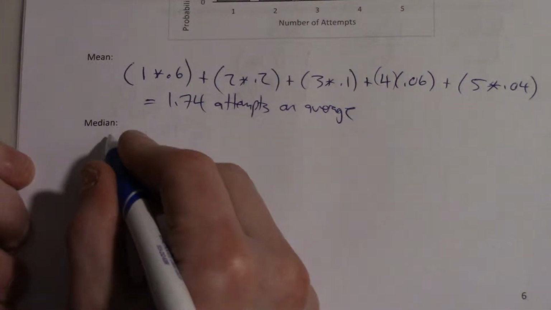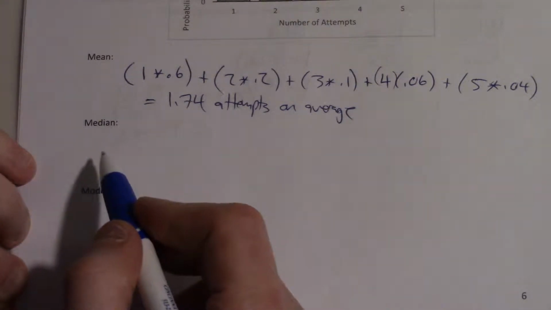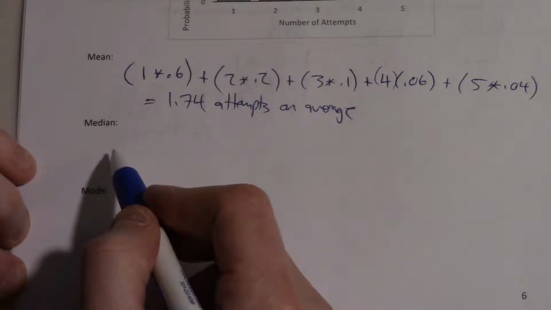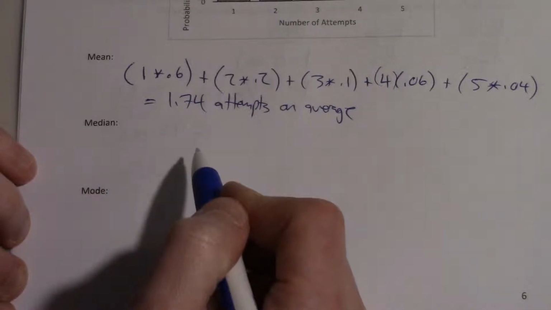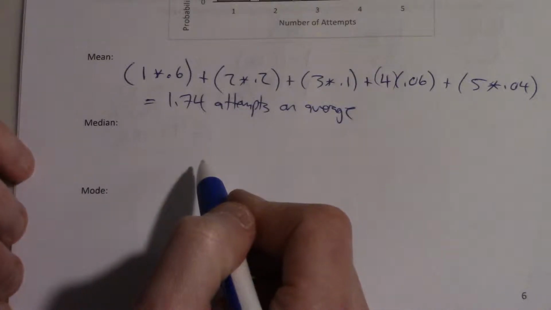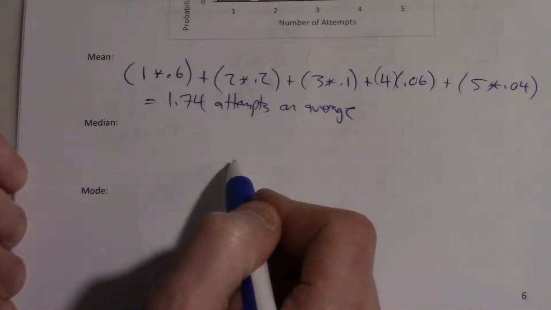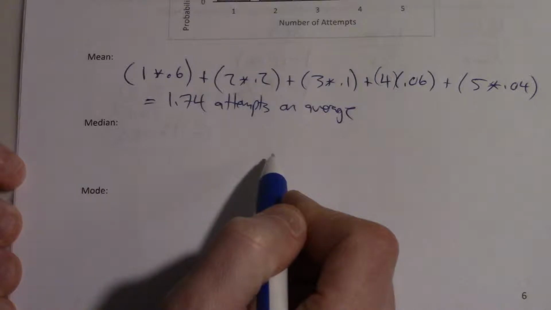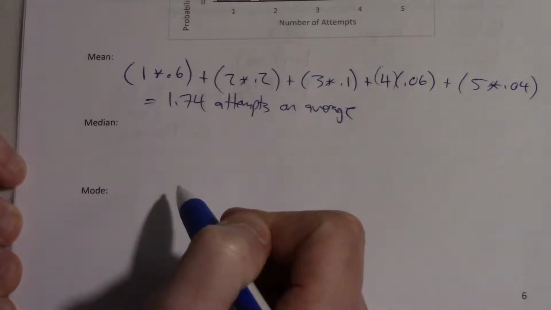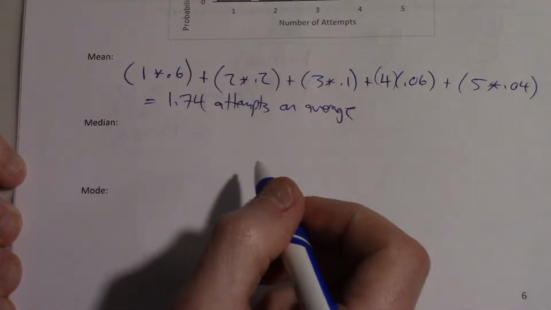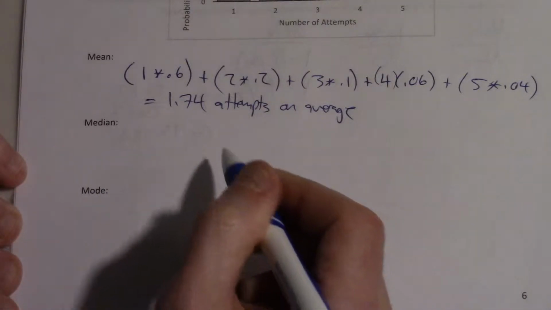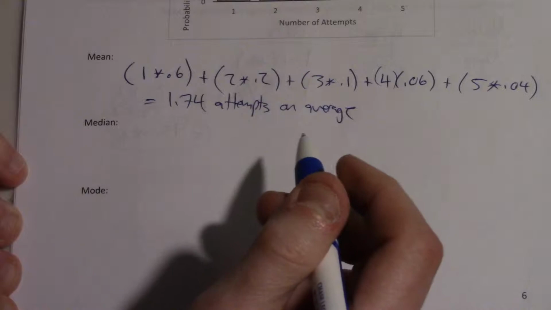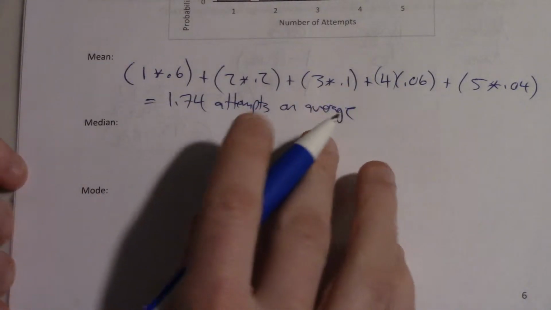So when we think about finding the median, it has the same interpretation. Which value is at the halfway point? So half of people require less than this number of attempts, and half of people require more than this number of attempts. So we need to figure out how many attempts that is.